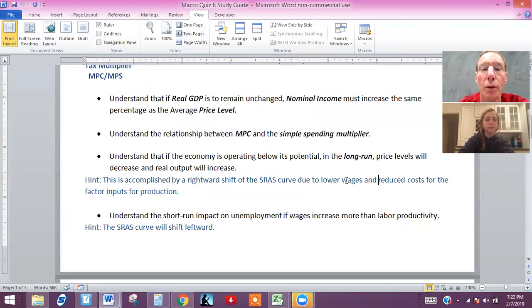Now, if the economy is operating below its potential, what's going to happen in the long run is you're going to get a shift in the aggregate supply. That's that neoclassical long run thinking.